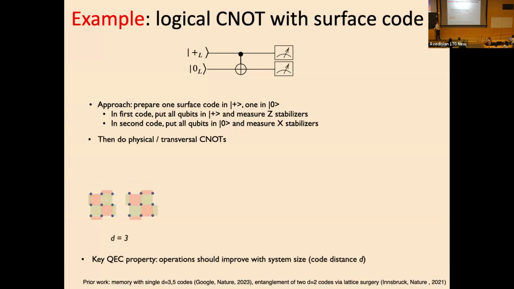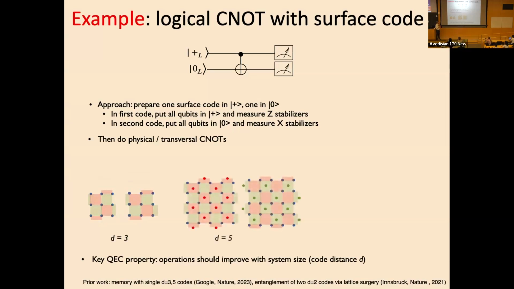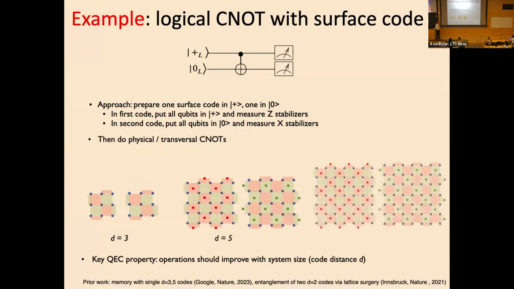But of course, what we can do is now not only work with d equals 3, we can go to d equals 5, or we can go to d equals 7. And the key property of error correction should be that the operations should improve with the system size, with the code distance. This is very counterintuitive because in each of these cases you create a bigger and bigger entangled state.